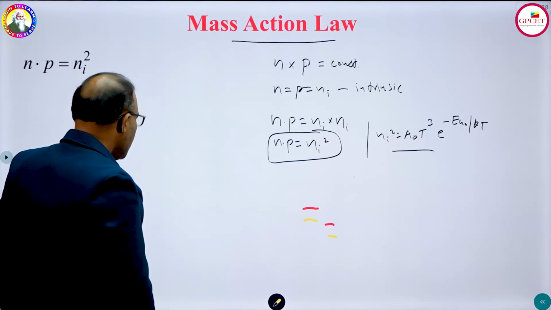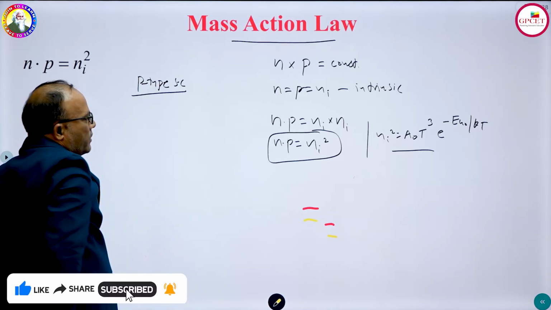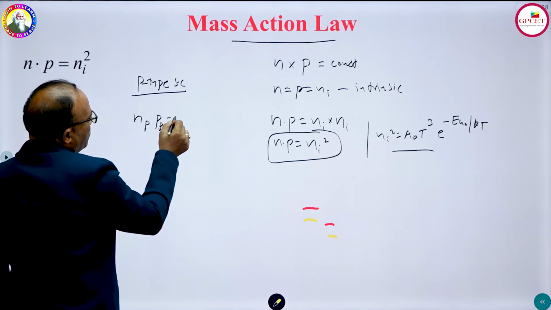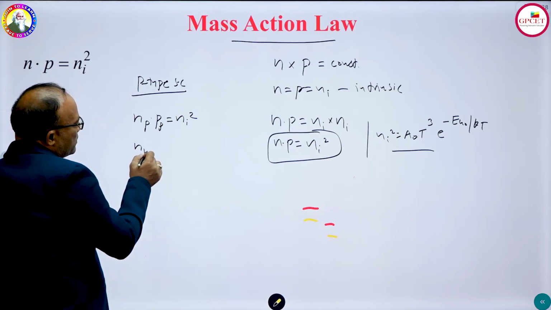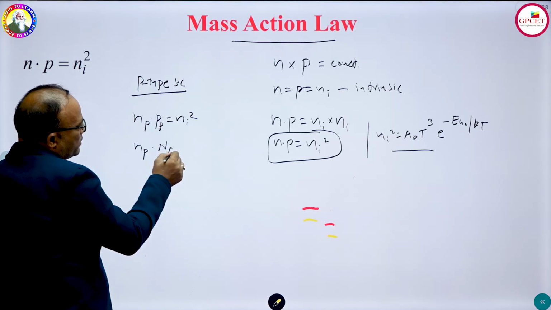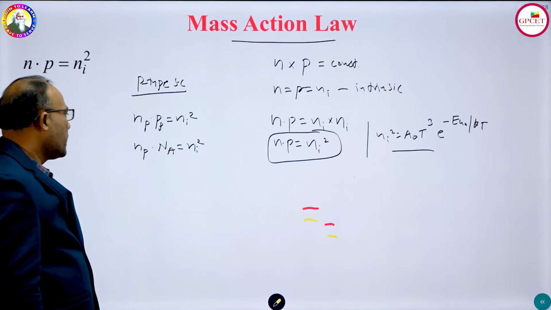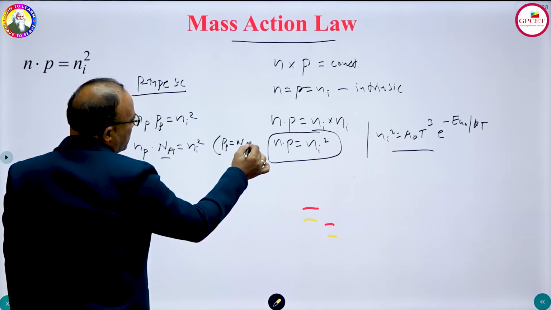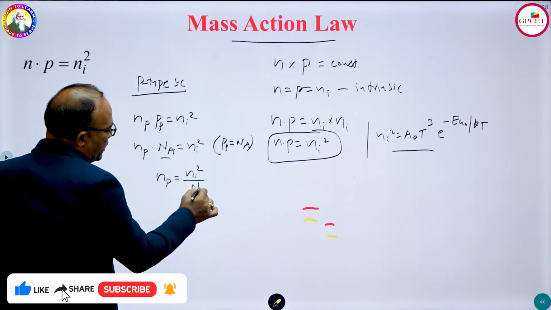For a p-type semiconductor, Np into Pp is equal to ni square, where Np is the concentration of electrons and Pp is the hole concentration. Pp is the majority charge carrier concentration, which is the acceptor concentration Na. Therefore Np is equal to ni square divided by Na.